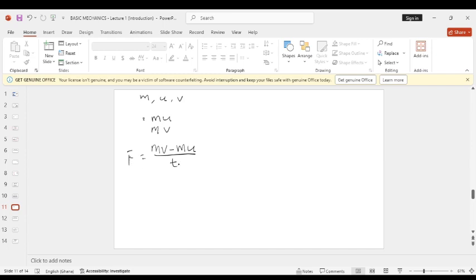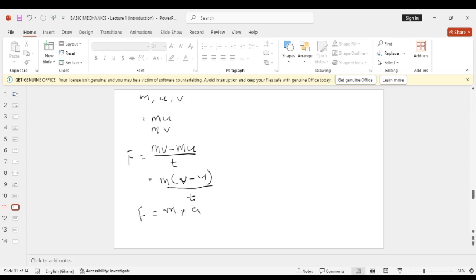So in other words, this can also be written as mass times (v minus u), that is the final velocity minus the initial velocity. After factorizing, we can divide this by t. Now the rate of velocity over time gives us an acceleration. So it means we have mass times acceleration, which is equal to the force. So that's what Newton was saying with relation to the second law.